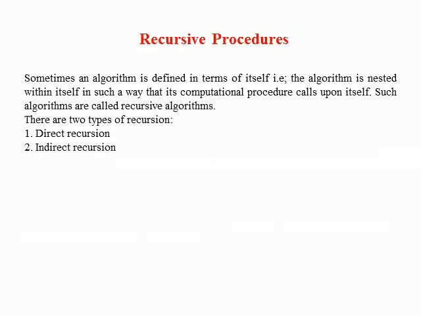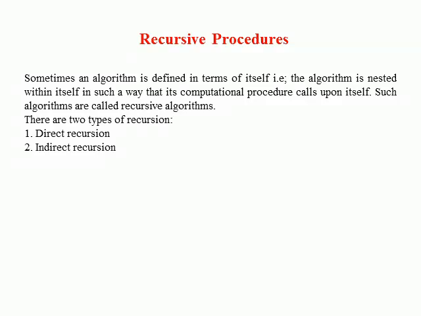Sometimes we have to define an algorithm in terms of itself. That is, the algorithm is nested within itself in such a way that the computational procedure calls upon itself. Such algorithms are called recursive.